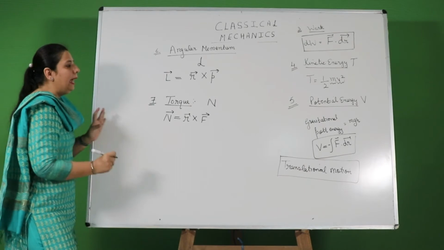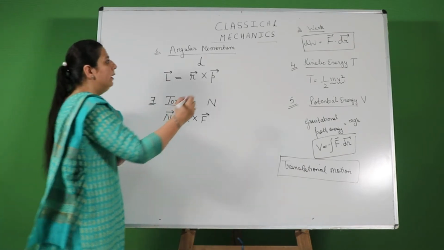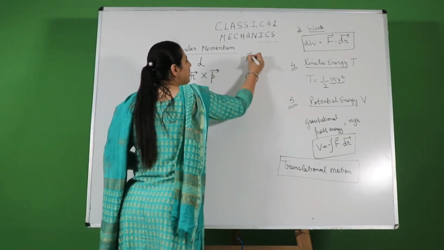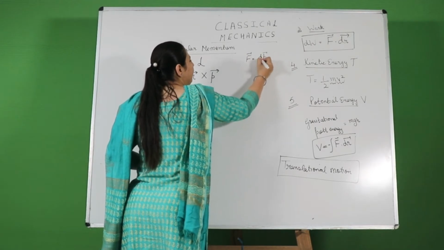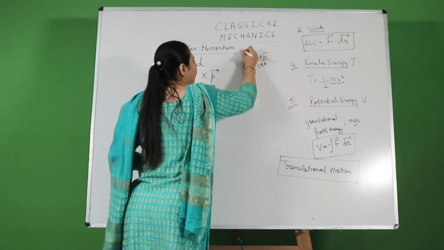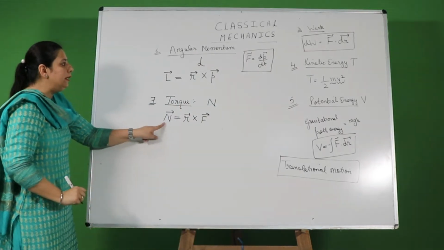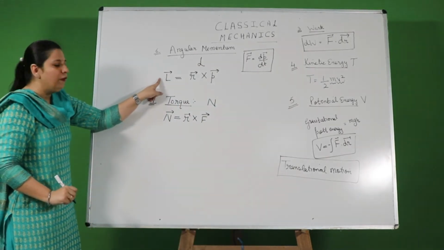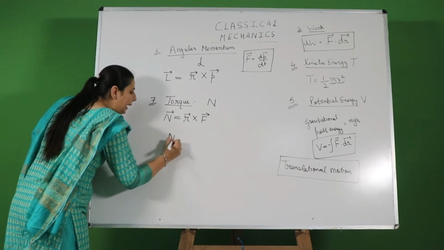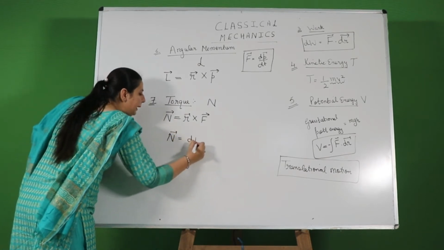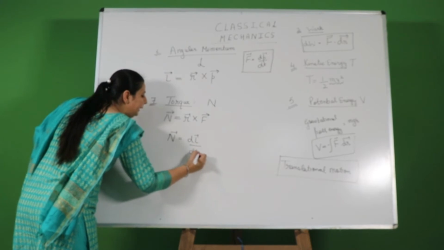As you know, if you remember, we have written F equals dP by dt. So similarly we can write torque equals the rate of change of angular momentum, that is, N equals dL upon dt.